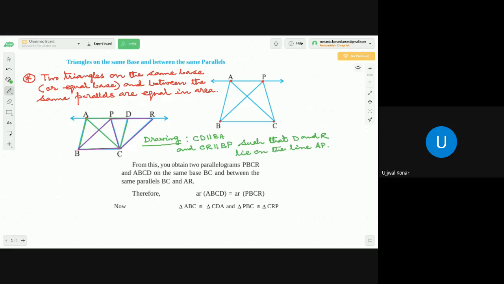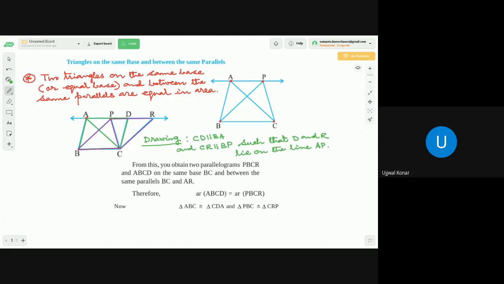But could you please tell me the relationship between the area of the triangle ABC and the area of the parallelogram ABCD? One triangle is ABC and one parallelogram is ABCD. What is the relationship between them? The area of ABC is equal to half of the parallelogram ABCD. Absolutely.